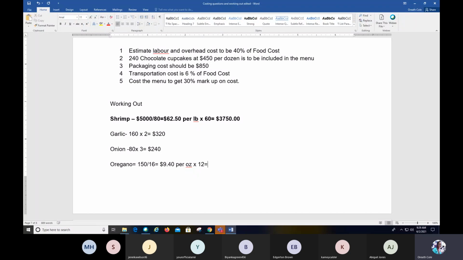And what does that give us now? 112 and 80 cents. Around $112.80. Alright, let's work with that. Good. So we know how much for the oregano.